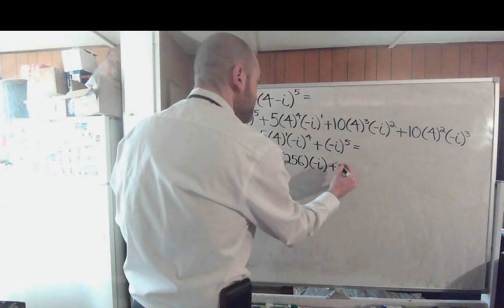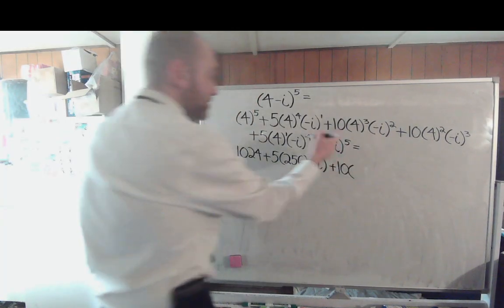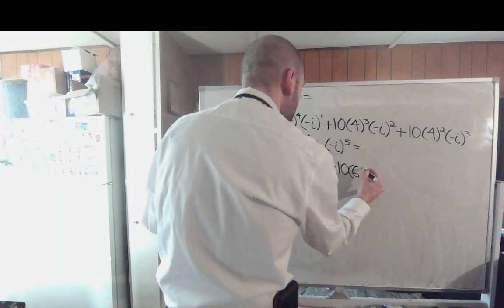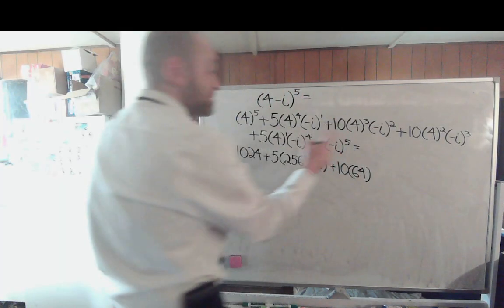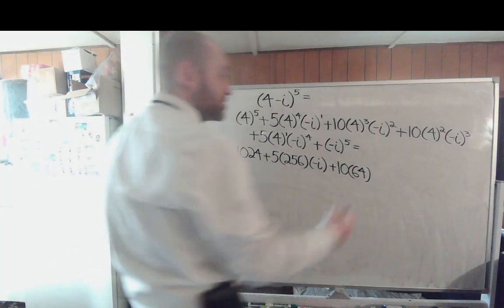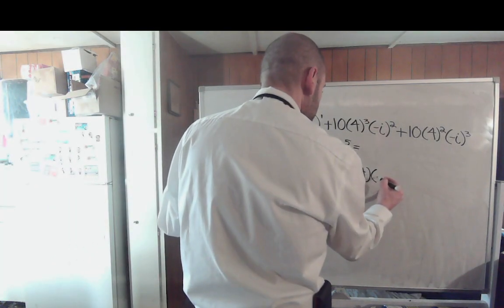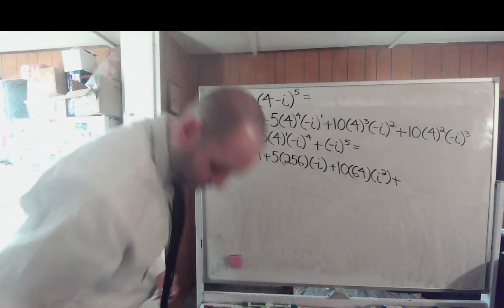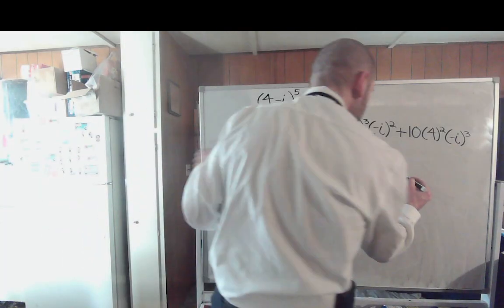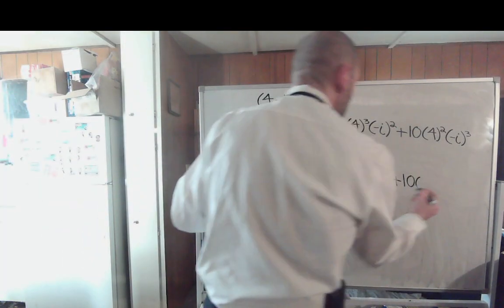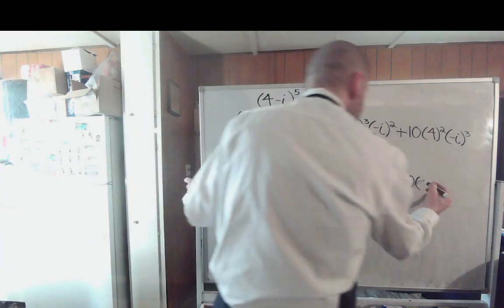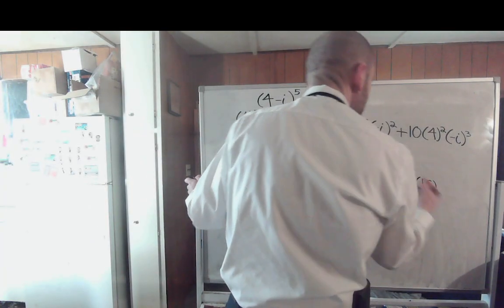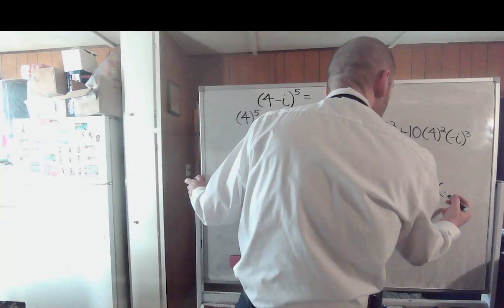Plus now you have 10 times 4 to the 3rd, which we know to be 64, times negative i to the 2nd. That would turn into positive i to the 2nd. Plus you have 10 times that 4 squared, which is 16, times your negative i to the 3rd.